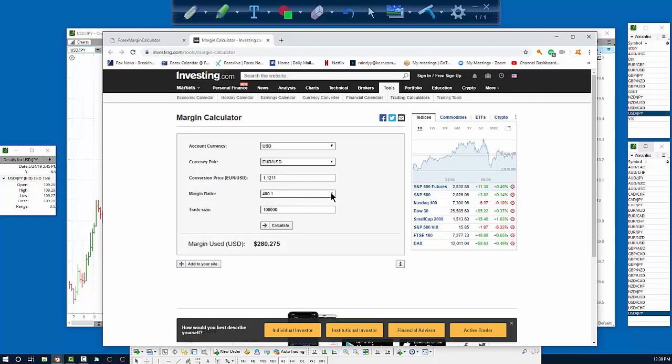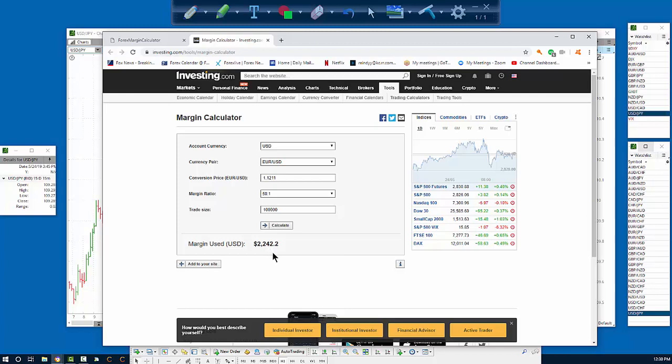If you were trading in the United States, where you can only have a 50 to 1 leverage, let's calculate that. What we see is that it would be the same trade, but your margin requirement for that trade would be $2,242.